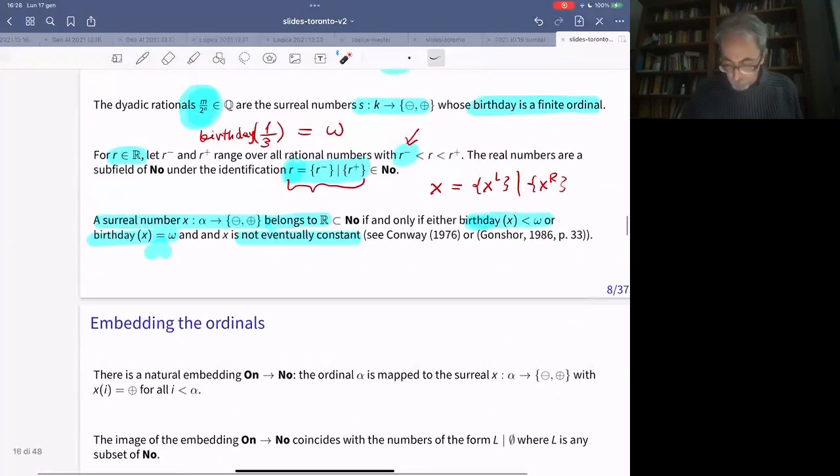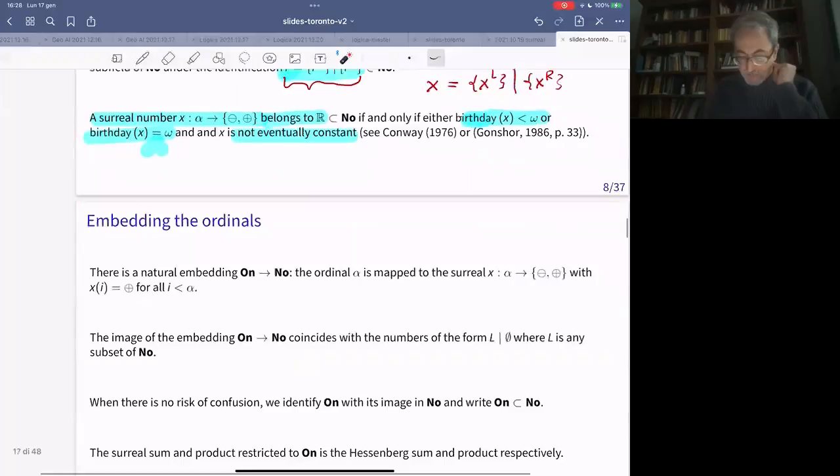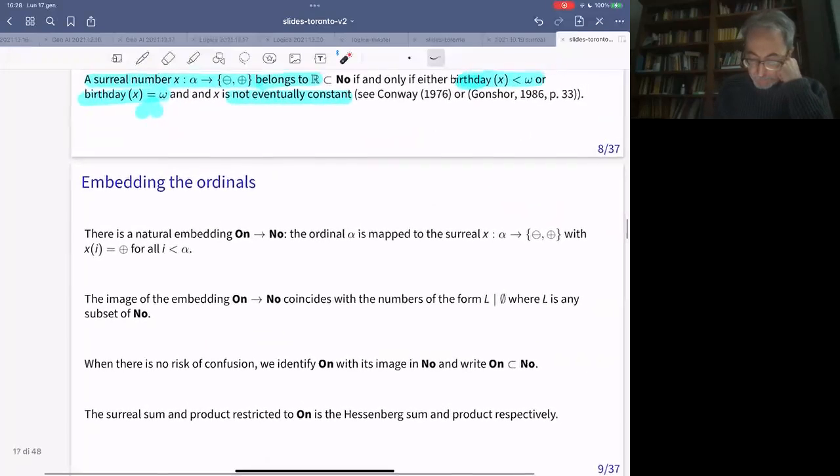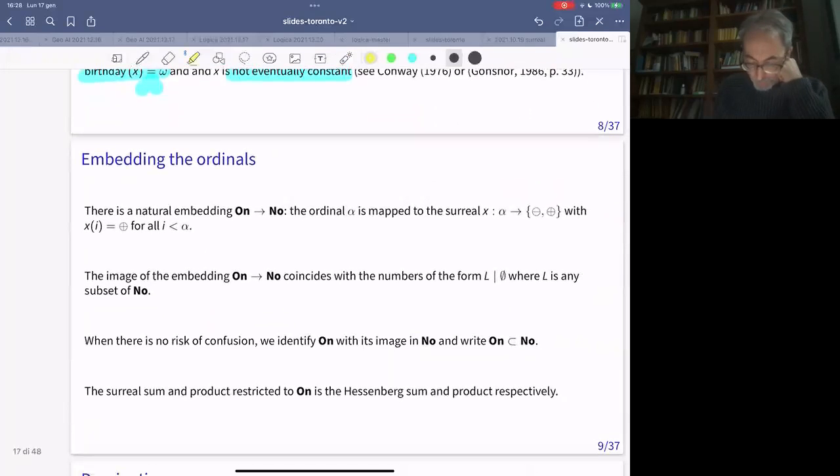Now, we already said that we can embed not only the real numbers, but also the ordinals, because on the rightmost path, you have a copy of the ordinals: 0, 1, 2, 3, and so on.